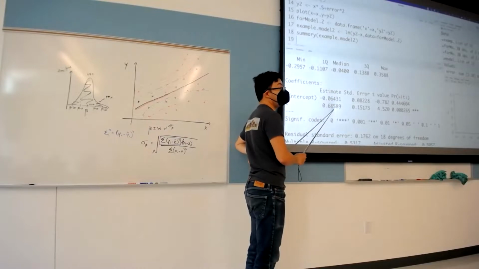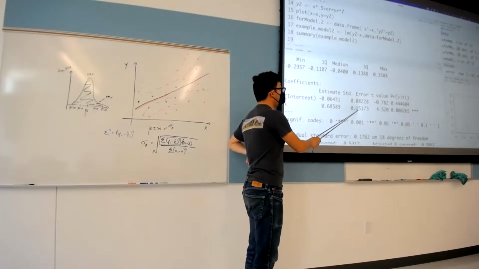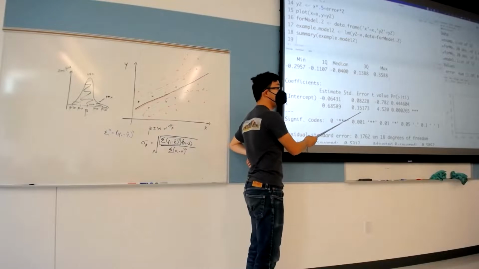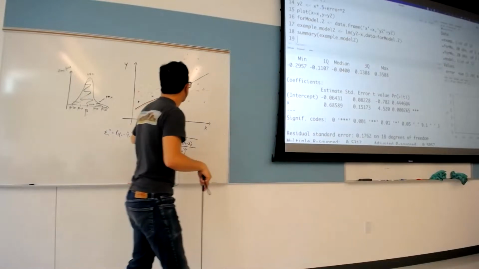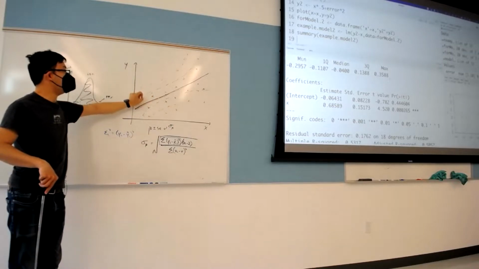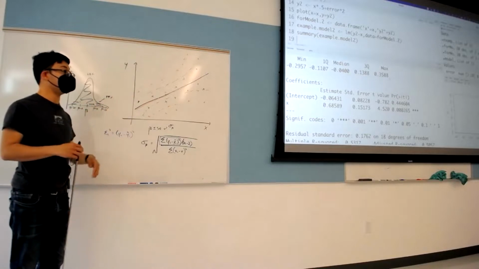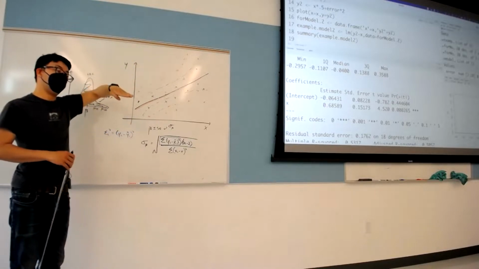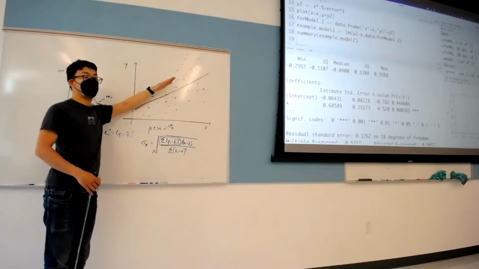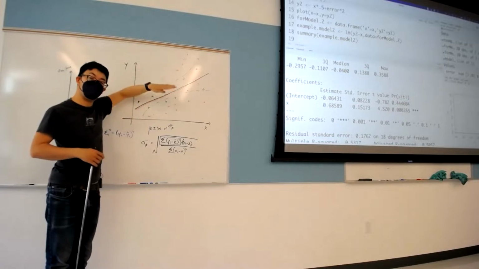It's farther now from my actual value, but then so has the standard error. This is doubled, right? Before it was like 0.07 something, and now it's 0.15. So that's what we're seeing in this plot, where you have dispersed these things out and your standard error is now larger because the points are more spread out, it's less certain that this is the right slope, and it says, oh, we should wiggle more, right?